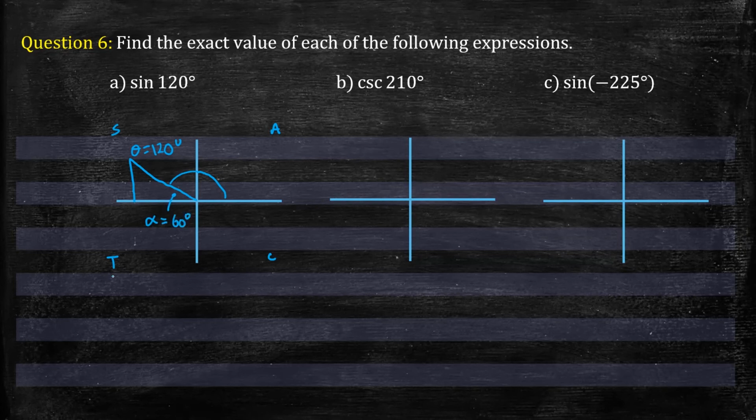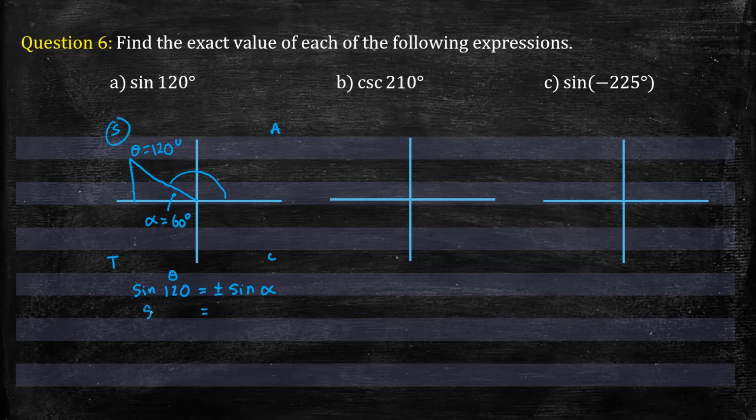Right, so what we're trying to do, we're just trying to change sine 120 into plus or minus sine alpha. And your 120 is your sine theta. So in this case, we can see in this quadrant, sine will be positive.